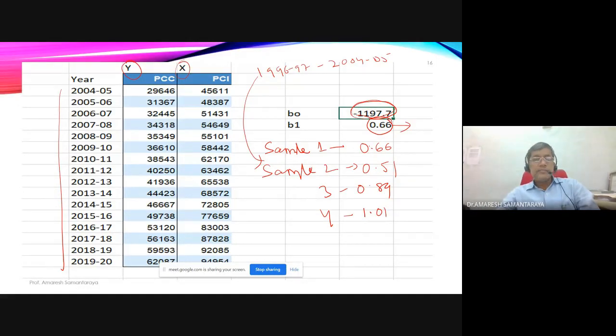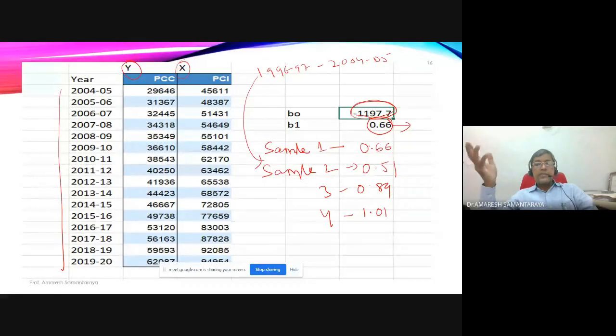The point which I'm trying to make is now very, very critical for you to understand. This is very critical to migrate from statistics to econometrics. I'm repeating, I got this number of 0.66 because I have chosen a particular sample, sample 1. Had I chosen sample 2, my estimate for beta 1 could have been 0.51.